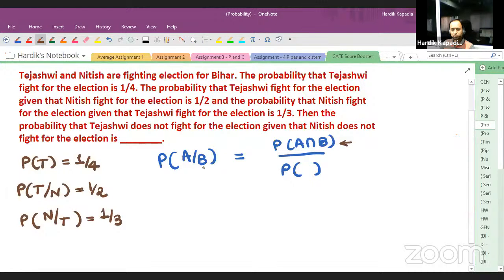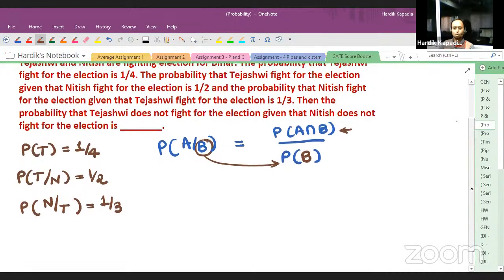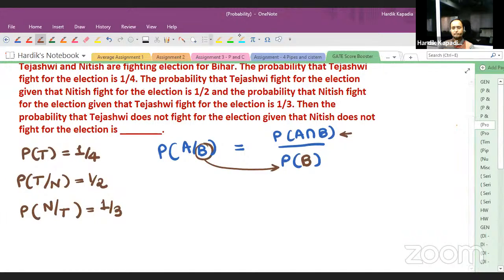And B will come over here. Whatever is in the denominator will come directly over here, and your answer will be the probability of A intersection B divided by probability of B. This was told to us, right?